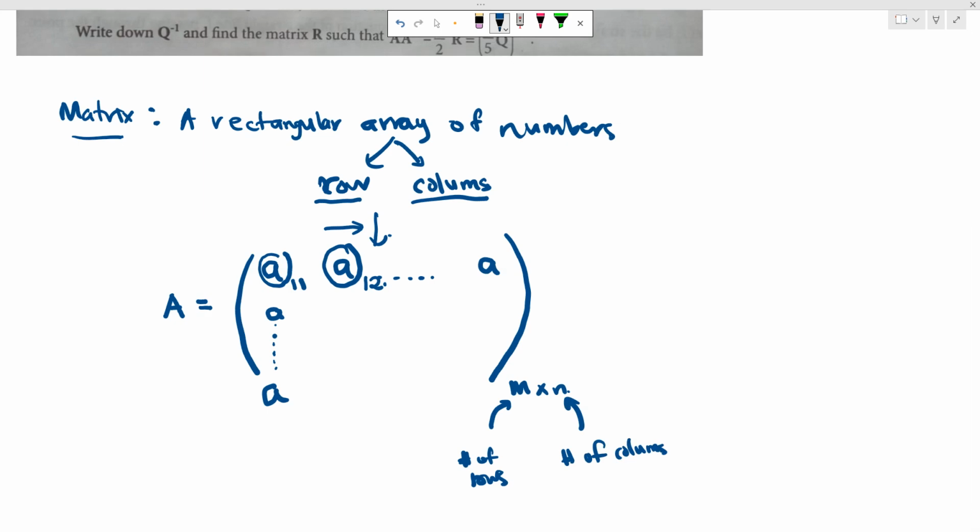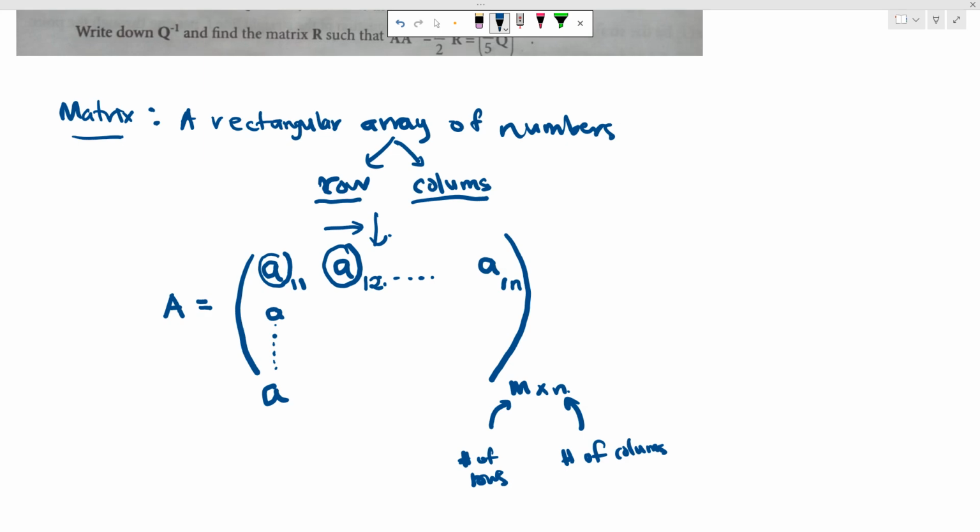If I have n columns, the last entry of this row is a1n, which means it occupies the first row and the nth column.